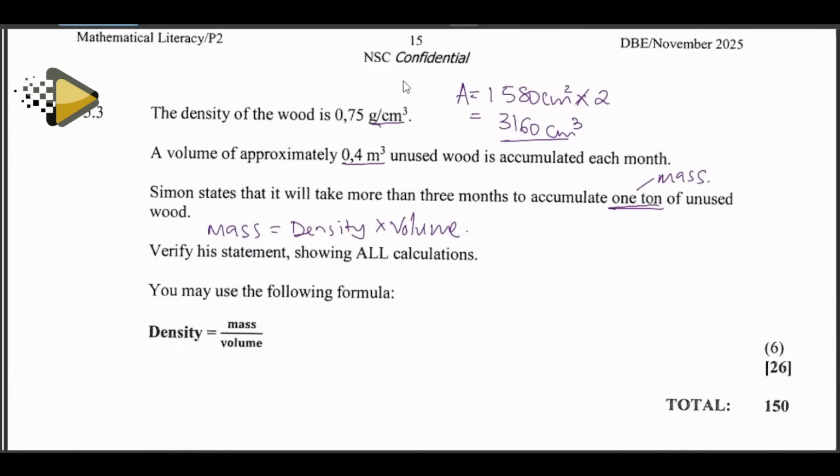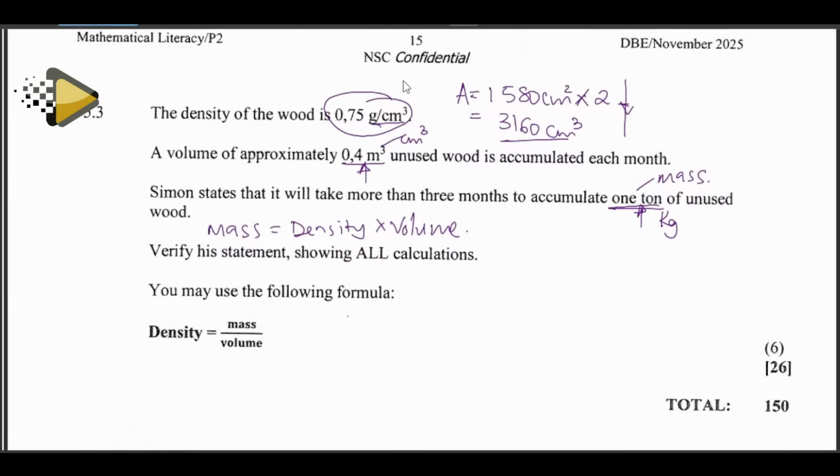Okay. All right, we didn't need to use this, but it's fine. We shall say the volume is given to us already, but it has to be in centimeters, what? Cubed. Why? The density that we are using is in centimeters cubed and it's in grams. And the answer that we are looking at, these are kilograms. 1 ton, 1,000 kilograms.